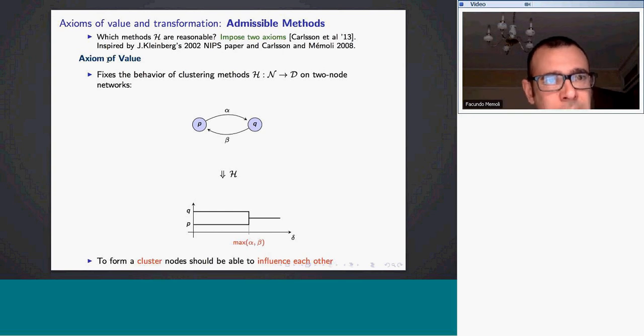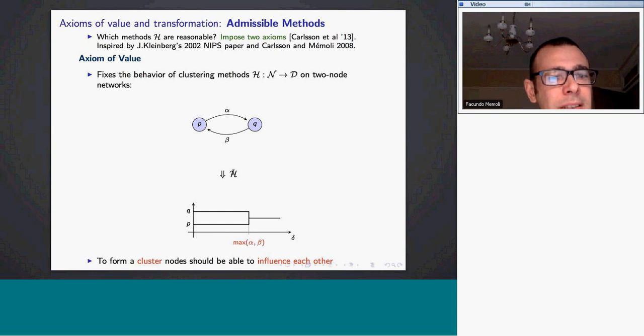So the first one is the axiom of value. A method H satisfies the axiom of value if its behavior is prescribed on networks of two nodes. A network of two nodes looks like this, with P and Q and weights alpha and beta.